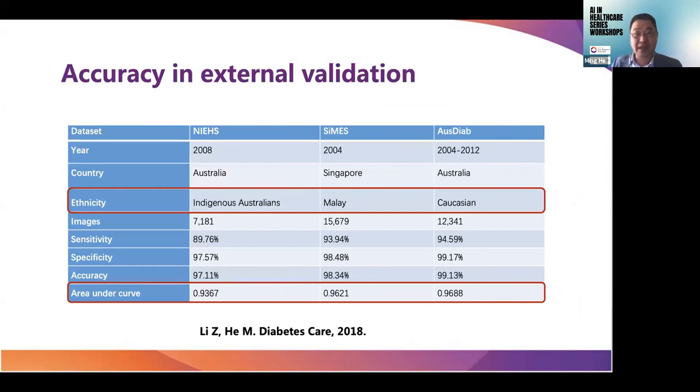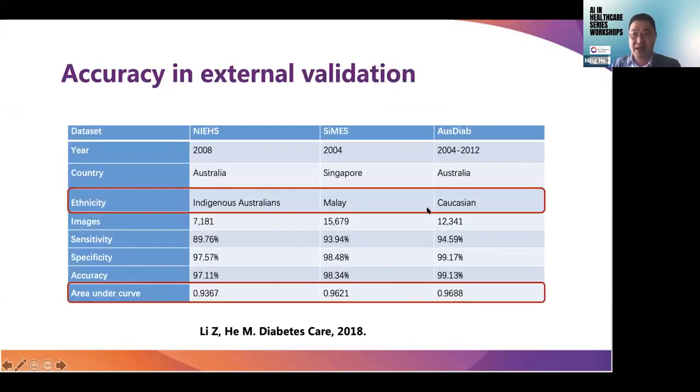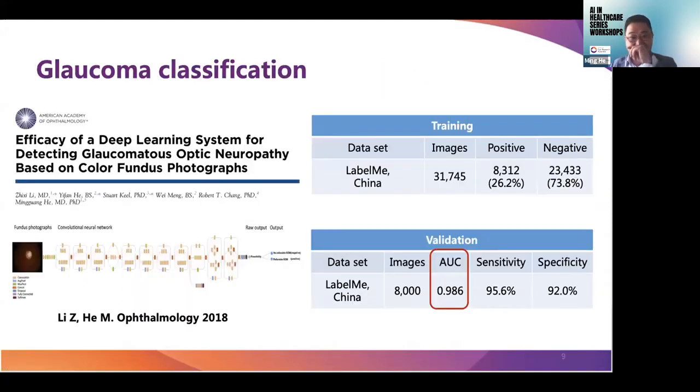It's not just good in a Chinese population; it also performed equally well in indigenous Australian, Malay and Caucasian eye fundus. You can see the accuracy in the indigenous Australians is not as good as what we observe in the Chinese, Malay and Caucasian populations, probably because of the special pigment on the fundus. And then we also worked on the glaucoma classification, another tons of work labeling this training set.